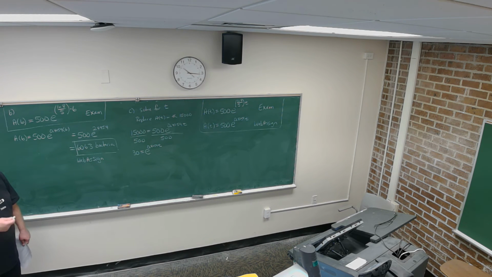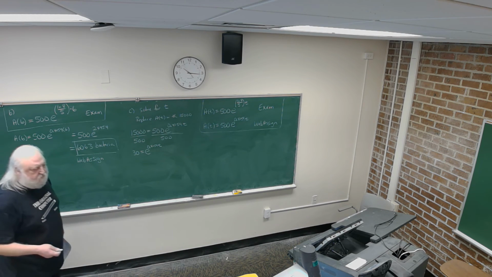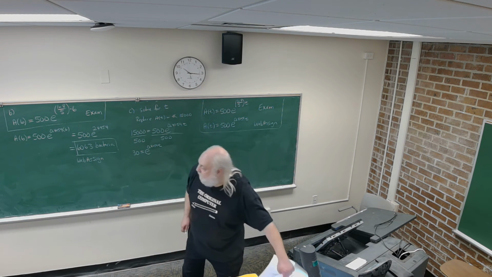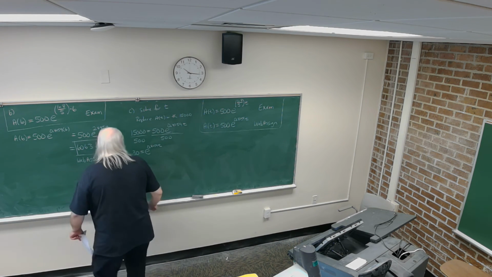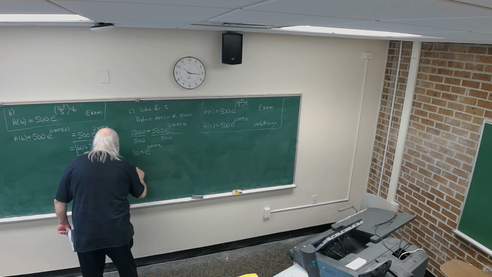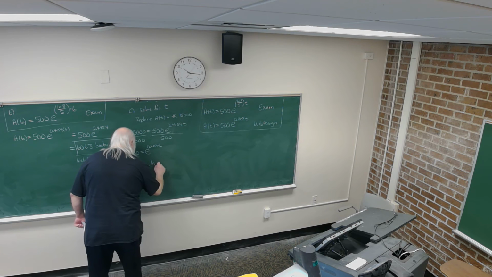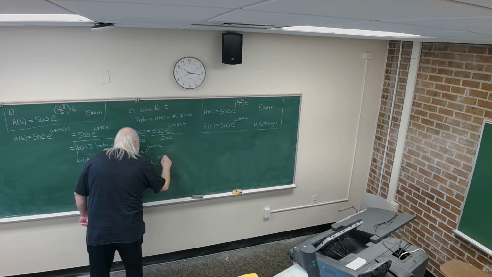So to get rid of E, we gotta take the natural log of both sides, right? So we're using property 3 again. And we have the natural log of 30 is equal to the natural log of E raised to 0.4159 T power.